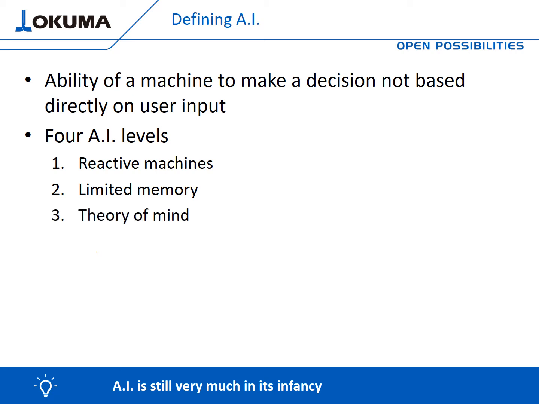The next couple of levels are basically out in the future or are being developed in research institutions. The first one deals with where the machine is aware that others it interacts with also have the ability to react and do things on their own.